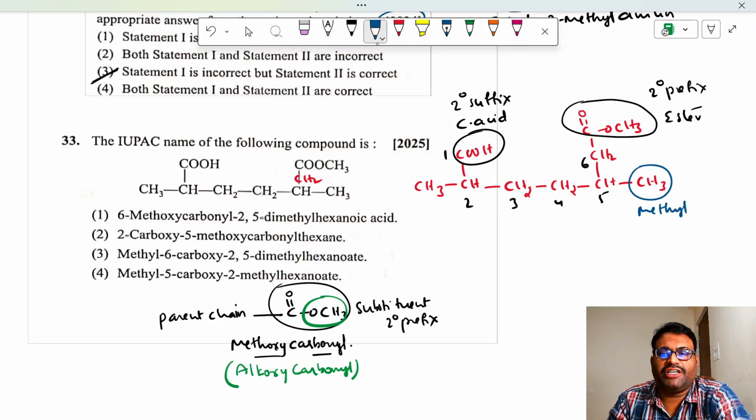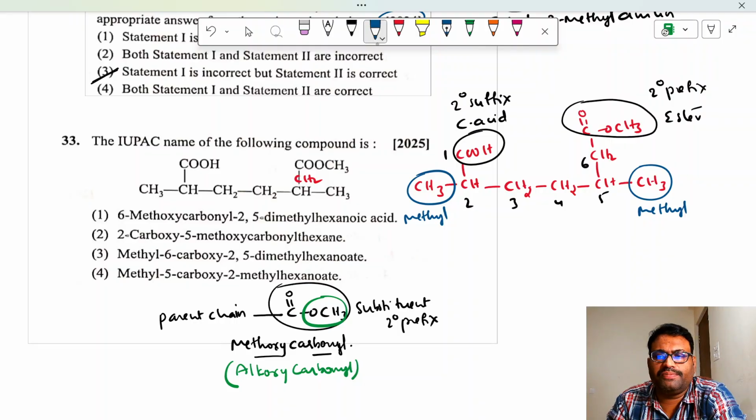So this will be the parent chain. To this parent chain, two substituents are attached. One is methyl and another is ester. Right? Now at second carbon you also have a substituent, methyl.